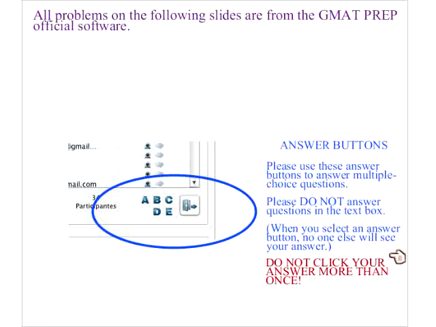If you click more than once, what that will do is delete the thing you clicked the first time. So please click your answer just once. If you want to change your answer, please click the new answer just once. Any questions, go ahead and type them in the chat box. Otherwise, we will get rolling.